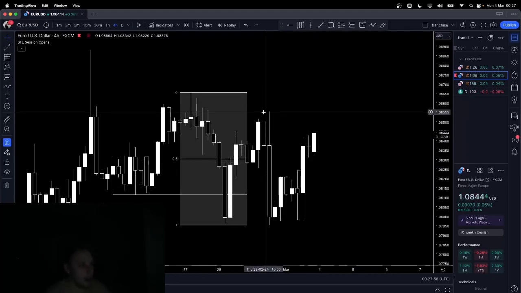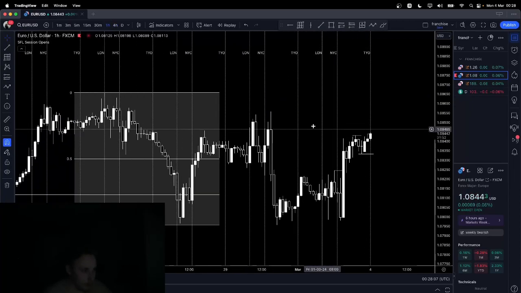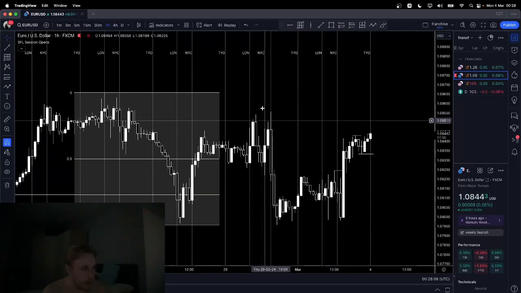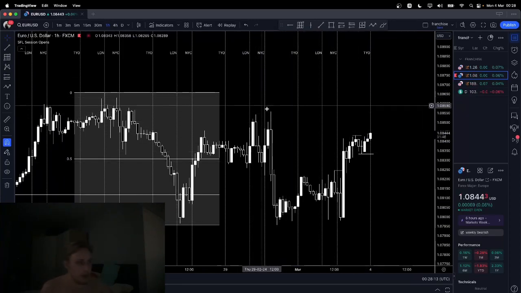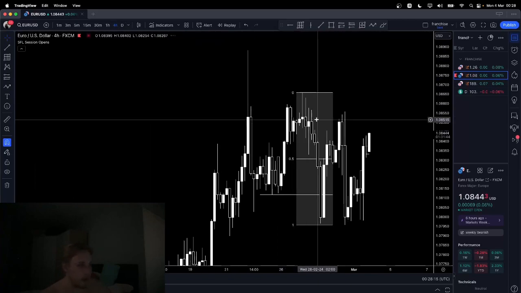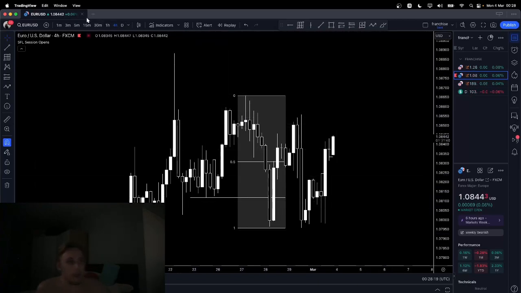Could probably see maybe a liquidity sweep here. Yeah, we'll probably aim for here before we come back down. We've got equal highs there, or it could literally just dump from there.